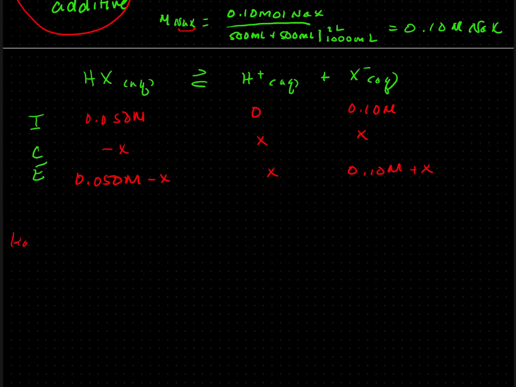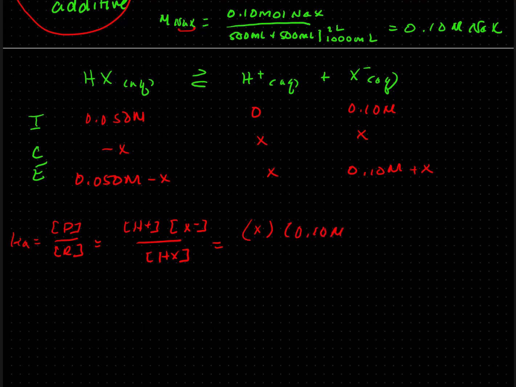So now I write my Ka equation, which is products over reactants, which is [H plus][X minus] over [HX]. This is x, substituting in 0.10 molar plus x divided by 0.050 molar minus x.